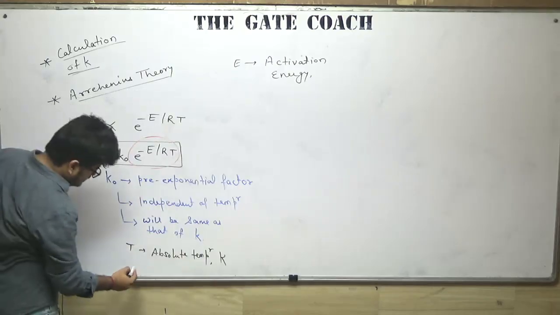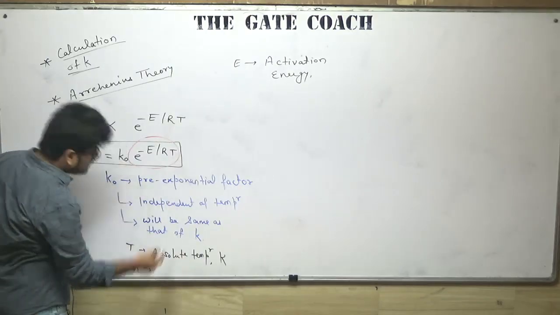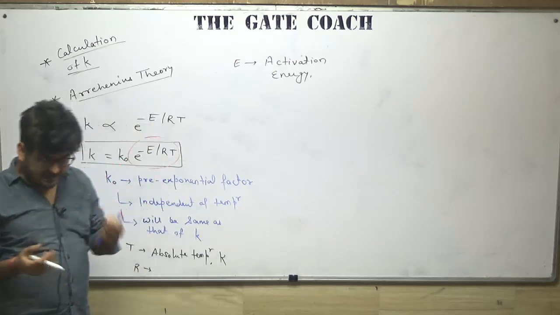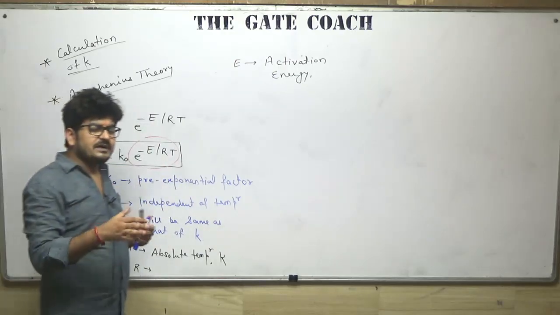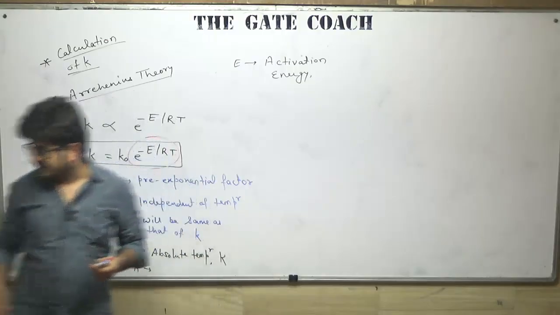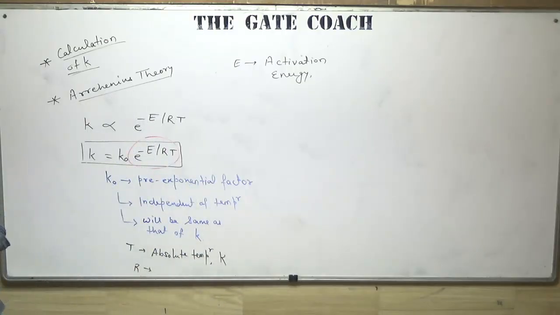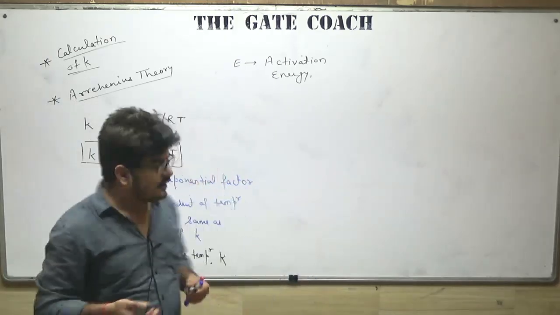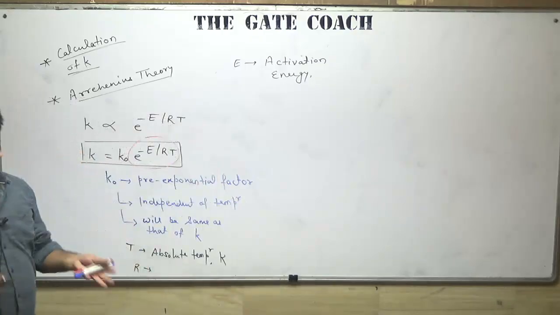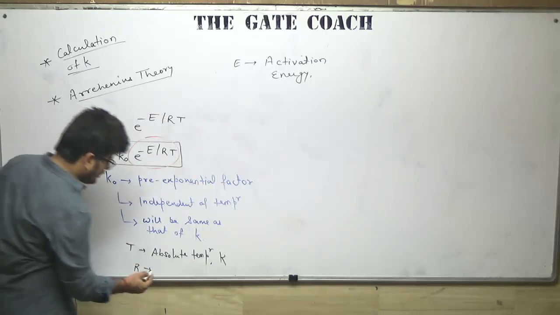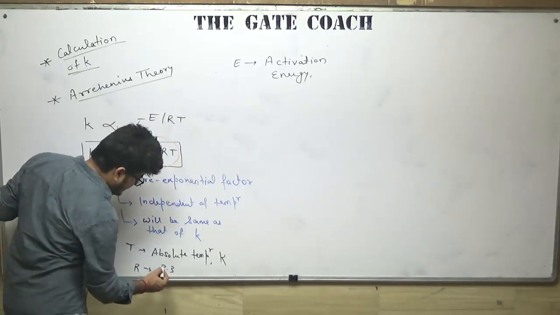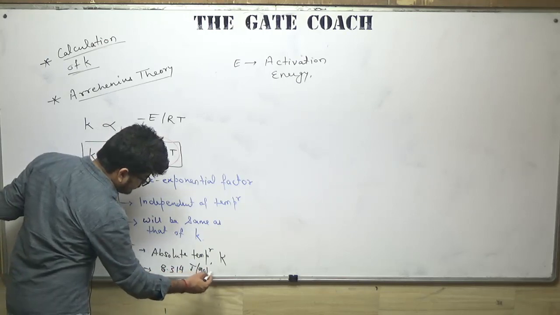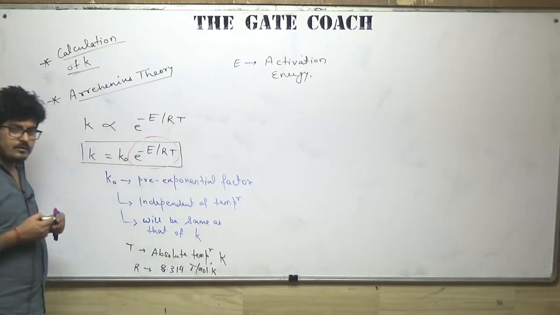So if we are talking about the energy, normally in SI system, energy is represented in terms of joules. So the units of R in terms of joule, I hope all of you know, it is 8.314 joule per mole per Kelvin. Okay.